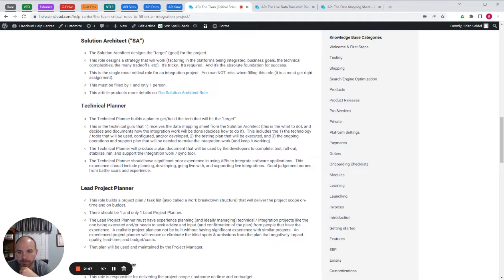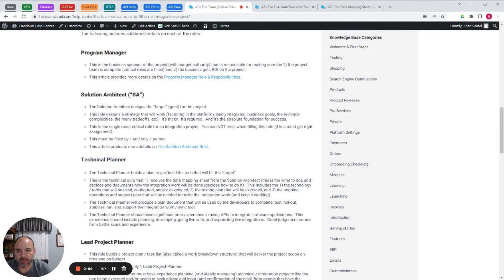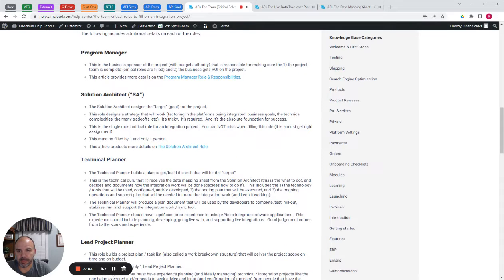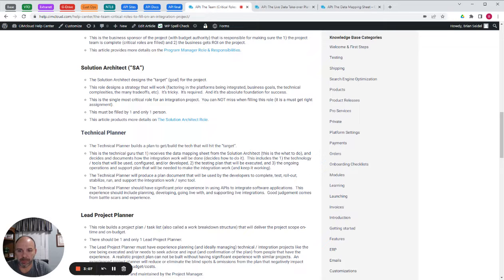The technical planner, this is a technical guru. They're going to receive a couple documents from the solution architect. That's all outlined in this playbook, the data mapping sheet, and a go live takeover plan. And they're going to build the technical plan. So if the solution architect is deciding what to do, the technical planner is deciding how to do it.